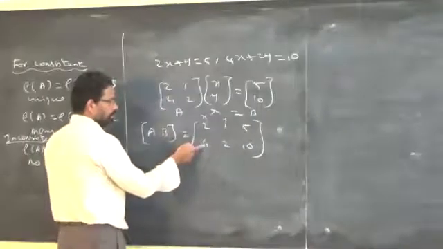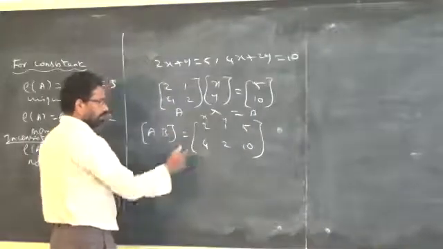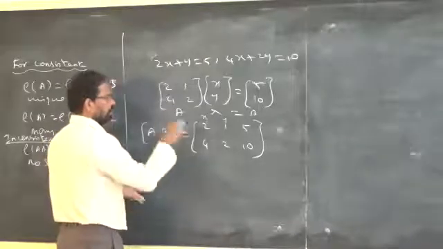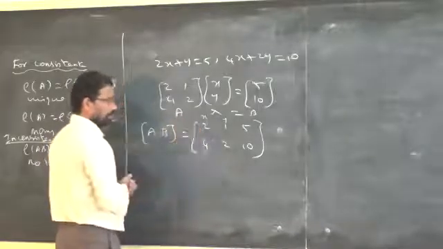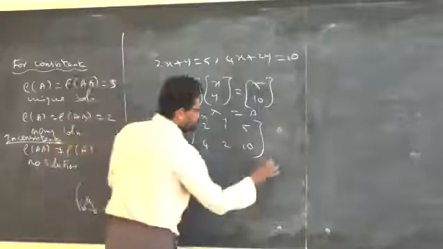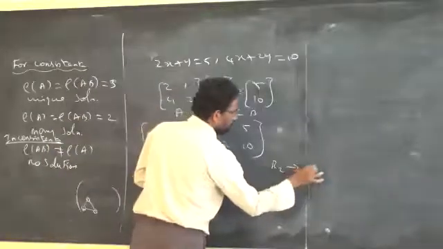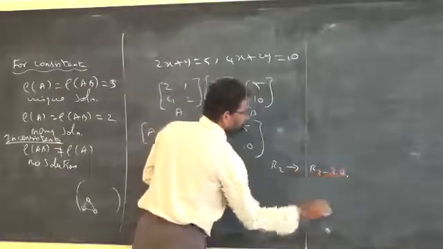If you subtract directly, 4 minus 2 will give only 2, but I need 0. How do you get 0? Multiply the first row by which number? 2 times. So R2 is replaced by R2 minus 2 R1.